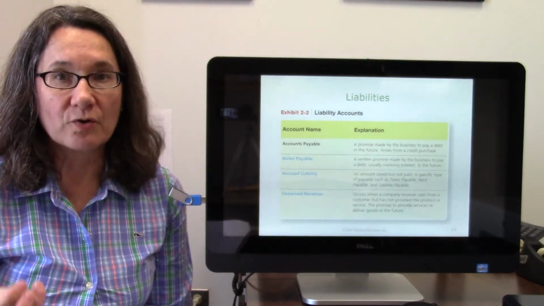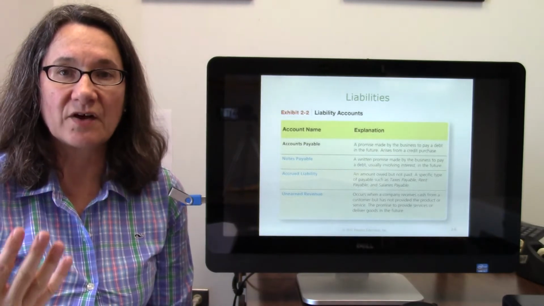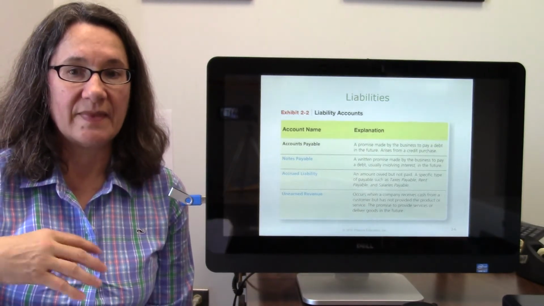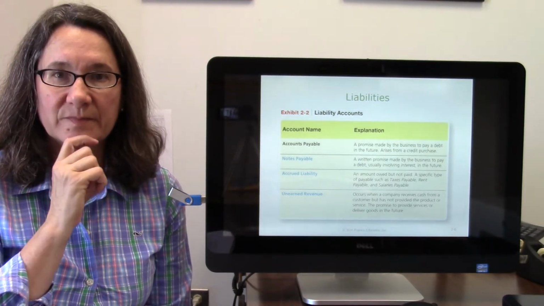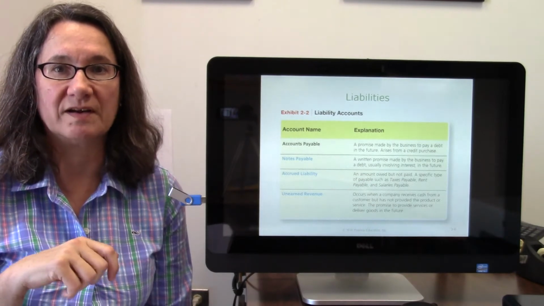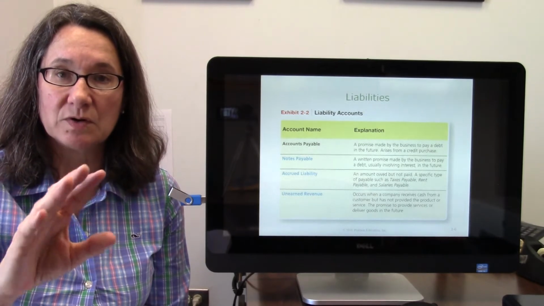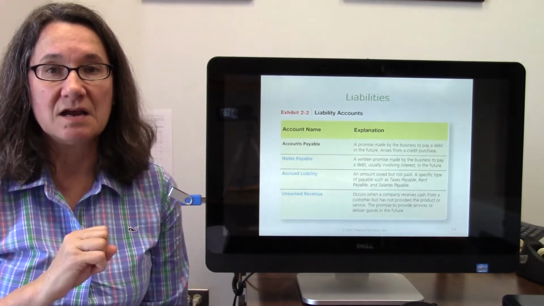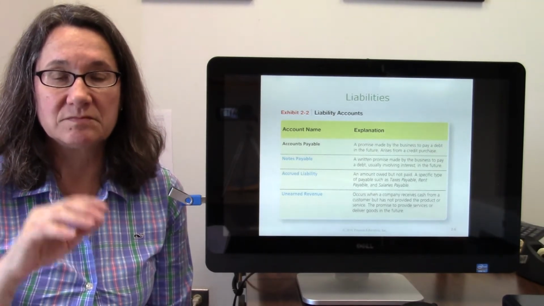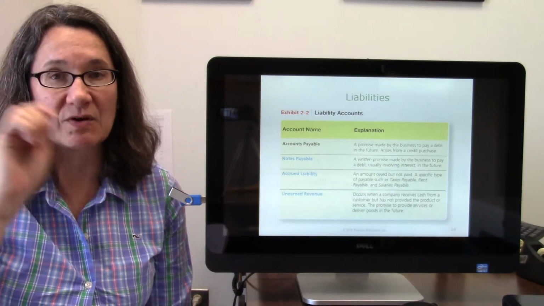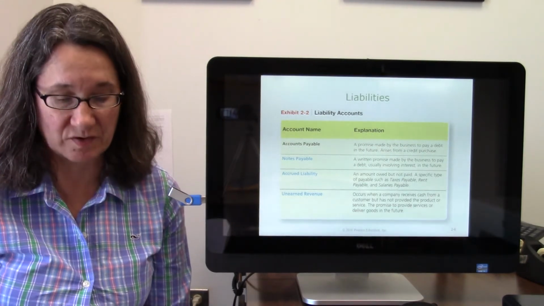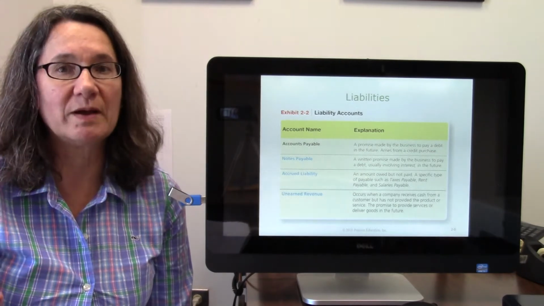If you own a restaurant and you're the accountant for that restaurant and they have to buy some big thing like a new oven for the restaurant and it costs thousands of dollars. They don't have cash, so they take out a note payable and they owe money for that oven purchase, right? It's a note payable because they've signed a note and they're going to pay interest on it. You might have a note payable for your car.